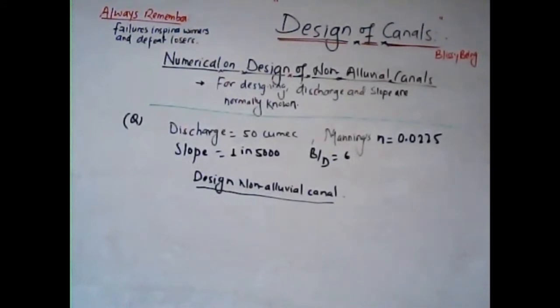So we are presented a problem: the discharge is 50 cumec, the Manning's coefficient n is 0.0225, the bed slope is 1 in 5000, and the base width to depth ratio of the channel is given as 6. Using this data, you need to design the non-alluvial canal. So friends, let us see the solution of this problem.